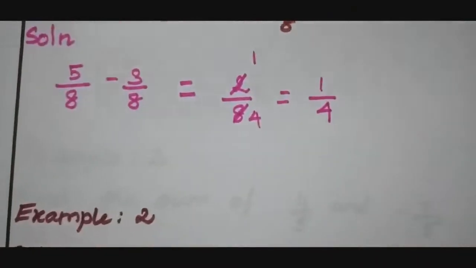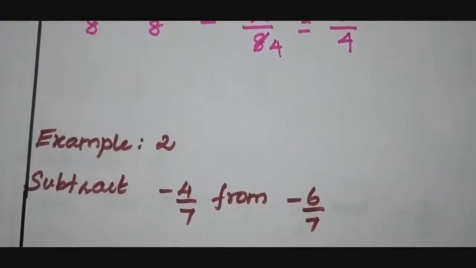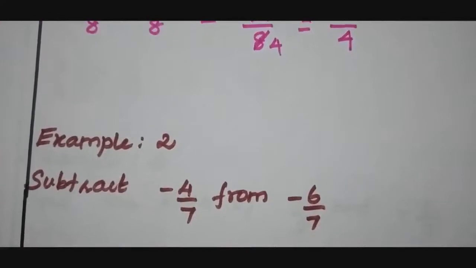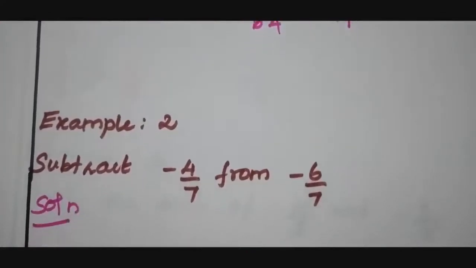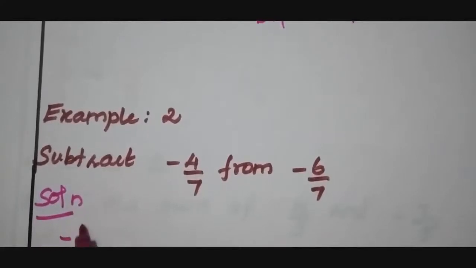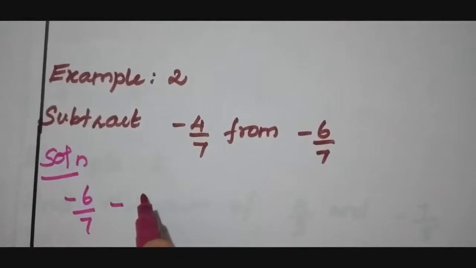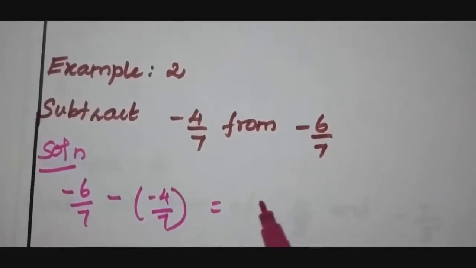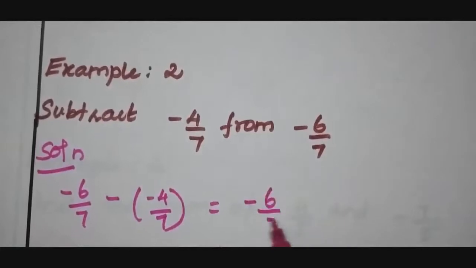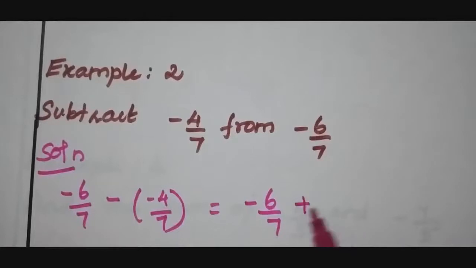Now example 2. Subtract minus 4 by 7 from minus 6 by 7. From minus 6 by 7, I have to subtract minus 4 by 7. Minus 6 by 7, minus into minus is plus, plus 4 by 7.